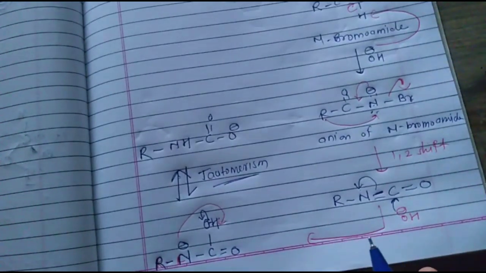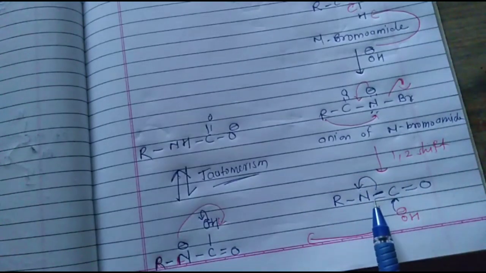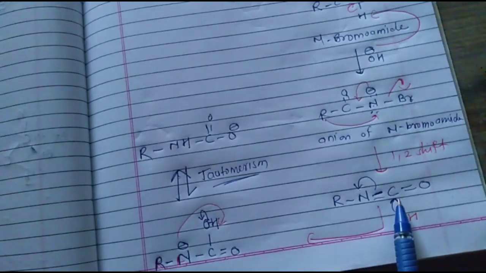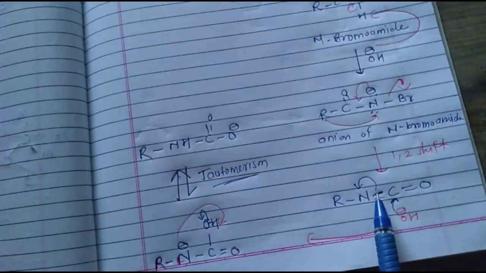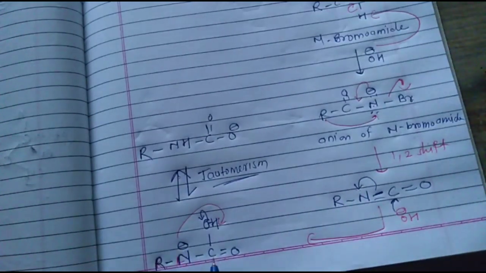After the formation of the reactive intermediate, that is a nitrene, the attack of OH takes place toward this carbon. After the attack of this OH, the bond is shifted to this nitrogen. The nitrogen becomes negatively charged, and the OH group attacks this carbon. We tautomerize this compound.